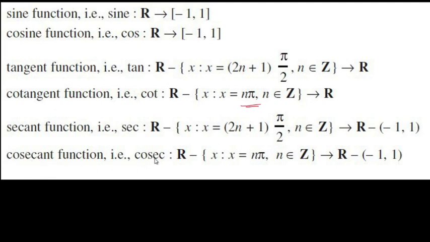Cosecant function, here, x such that x is not equal to n pi, n belongs to the integers. So you can simply say, excluding the open interval -1 to 1. Okay.